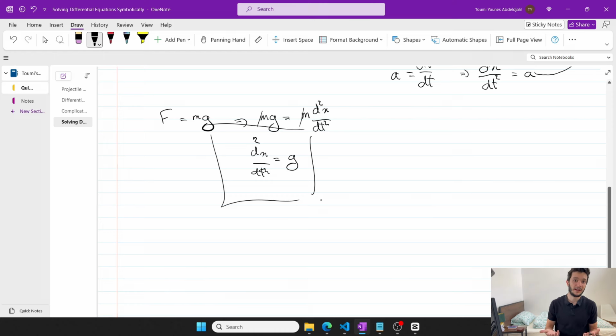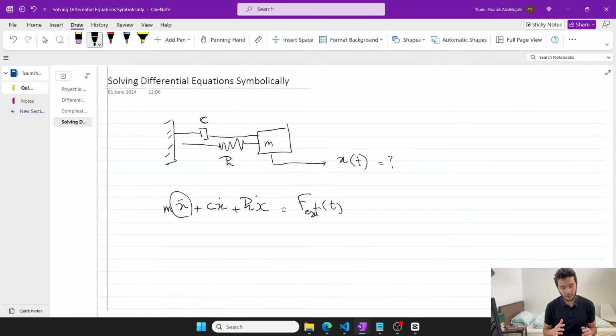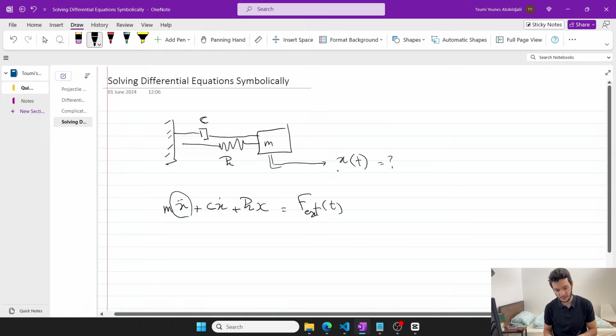Now imagine if in our force here we had as well x of t, we would have g times x of t, which is also a differential equation. So now we know that we are interested in predicting, in a way, the position of this mass. We can predict it by knowing the value of x depending on t, and this x is governed by this differential equation right here.